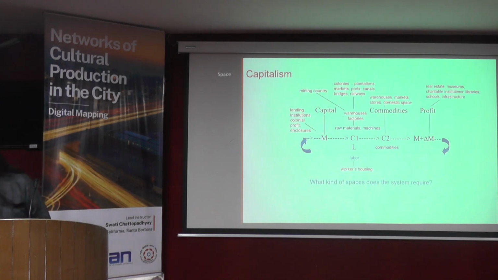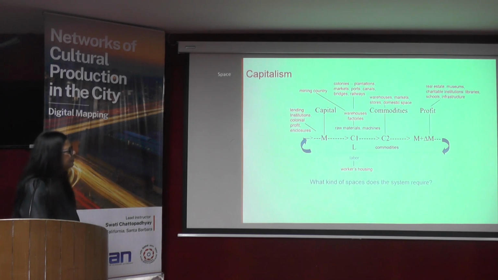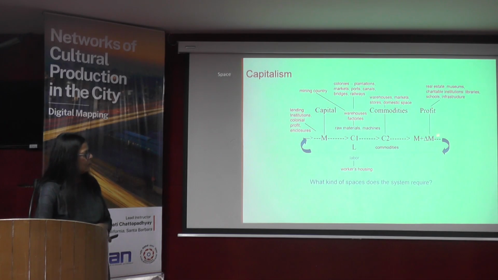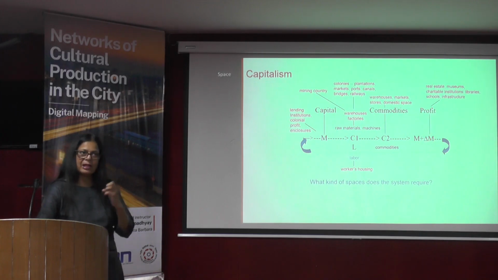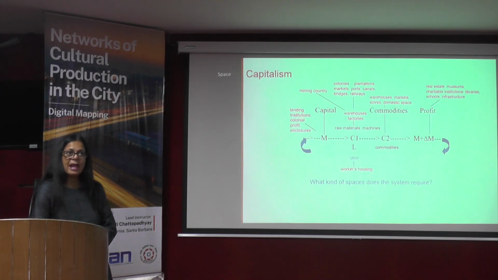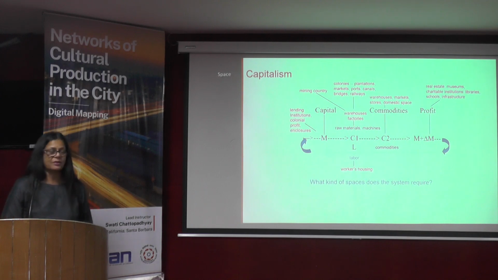Now, let's think about these in terms of spaces. If you're a good capitalist, you are taking the delta M and you're still trying to make that bigger, but you need to be savvy about how you're dealing with it, because you're also dealing with different agencies and different parts of the world, different processes. So, since we are going to talk about Manchester, let's imagine somebody is building a cotton industry. You need the raw materials, you need warehouses, factories for pretty much anything.